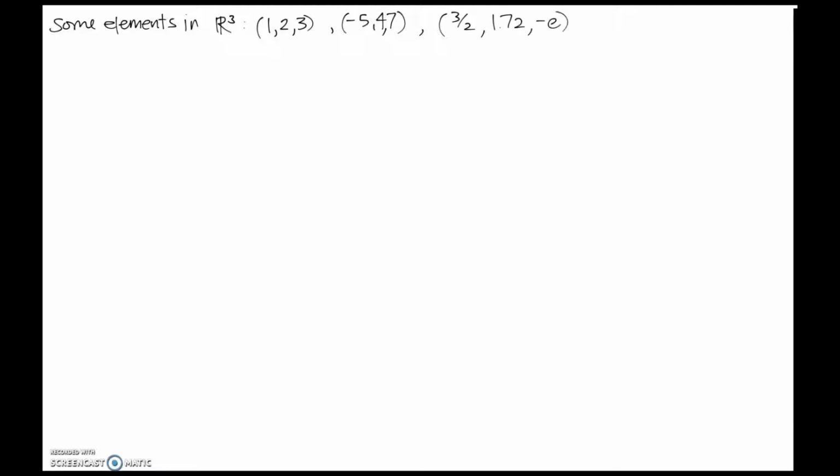As long as the elements are real numbers and there are 3 of them together, they belong in R3. These we can also write as column vectors, so you'll see them both ways.